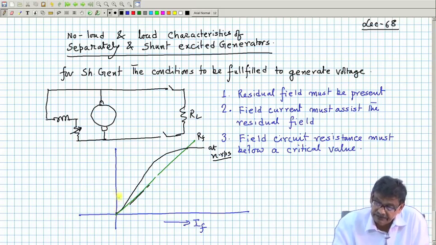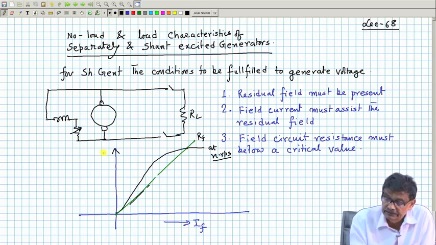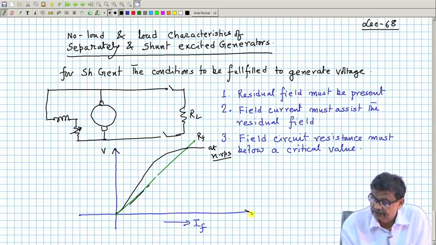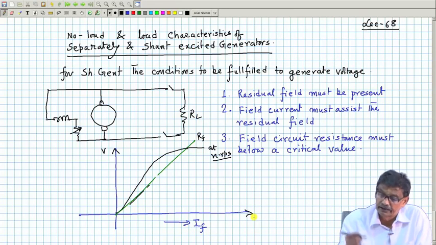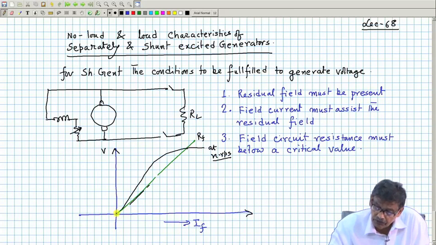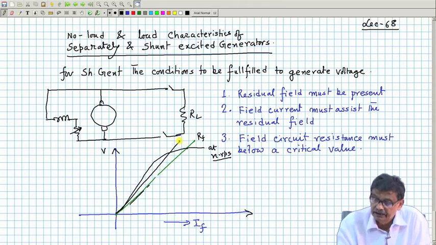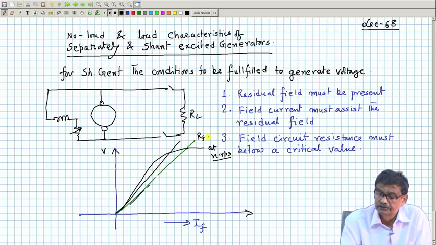Mind you, this is the voltage axis and this is the current axis. Field V by I is RF, so its slope will go on rising. If you make RF, the original value, now RF1, which is greater than RF, the induced voltage under open circuit will become less.